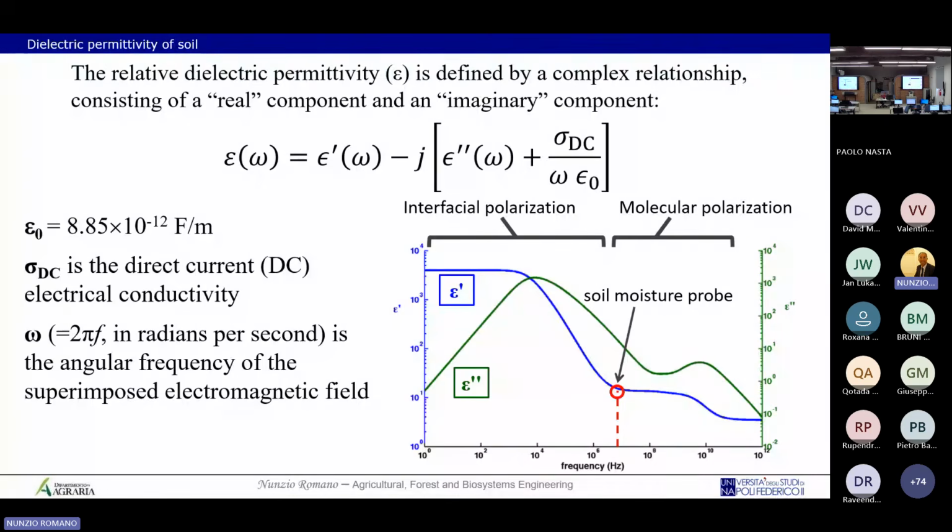And I have put in this graph the usual frequency where most of the soil moisture probes work, and later we will understand why.